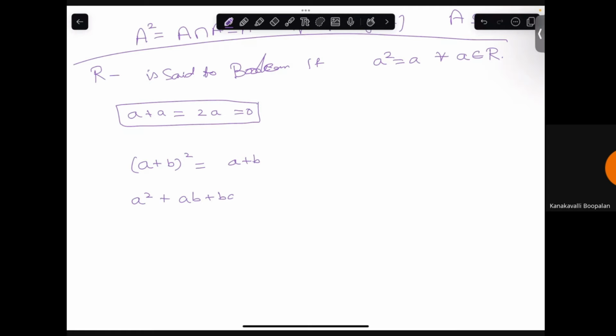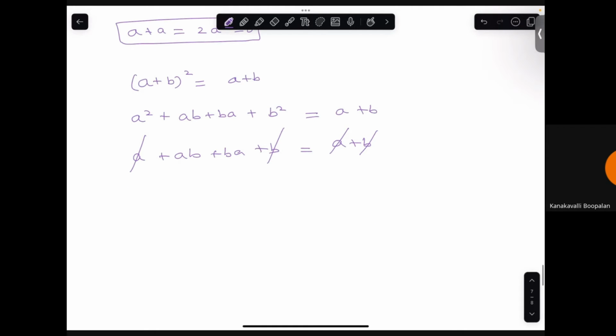I'm not claiming this is commutative, that will come later, but let us understand. This is nothing but A squared plus AB plus BA plus B squared, which is A squared plus B squared. And you can cancel because addition is a group. So we can cancel. So AB equal to minus BA.